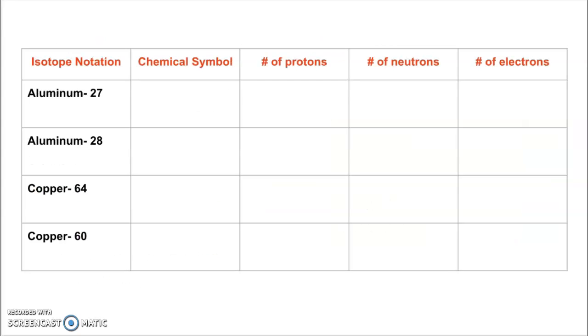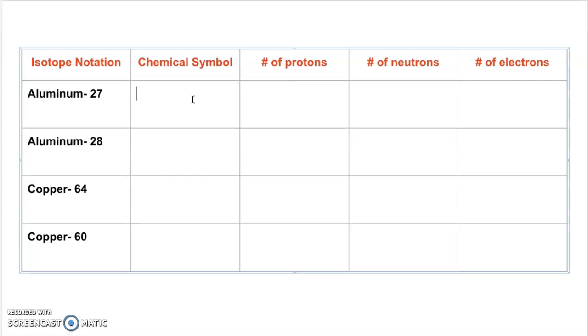With that being said, what I want you guys to do right now is fill out this chart in your notes, okay? So you are given an isotope notation here. I want you to use your periodic table to find the chemical symbol, right? So your chemical symbol of aluminum, if I look on my periodic table, is going to be Al, okay? And if I look at my periodic table with Al, I can see that I have an atomic number of 13.